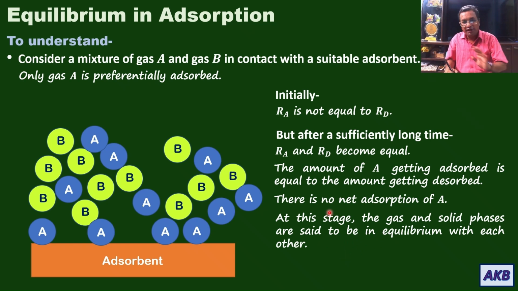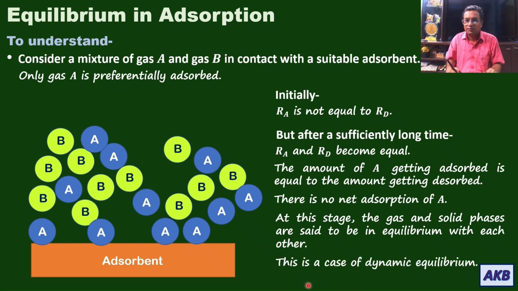Then there is no net adsorption of A on the surface, which happens when the rate of adsorption becomes equal to the rate of desorption. At this stage, we can say that the gas and solid phases are in equilibrium with each other. And this is a case of dynamic equilibrium. Why dynamic equilibrium?